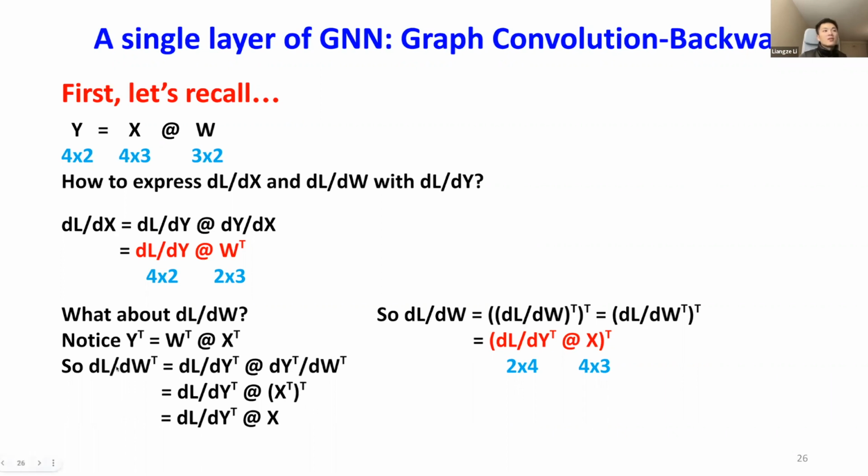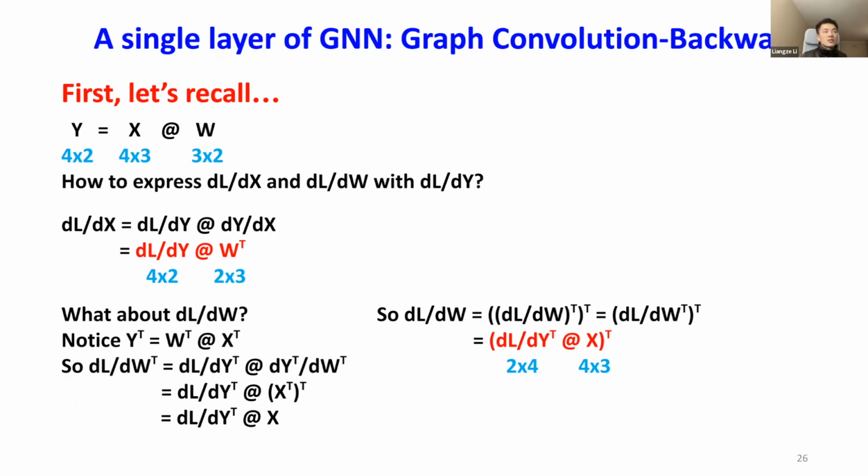So if we have dL/dW^T, how do we get to dL/dW? It turns out that dL/dW would just be the transpose of the transpose of dL/dW, which is just going to be the transpose of dL/dW^T. And then that's how it's written out. So we take a second again to check the dimensions. dL/dY^T is going to be the same dimension as Y transpose, which is going to be 2 times 4, right?